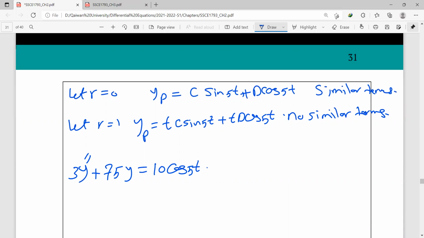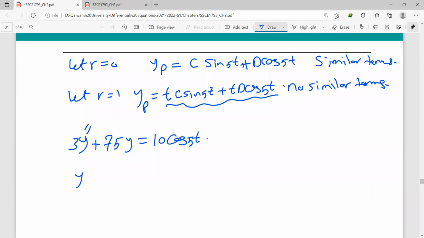What do we need to replace here? We need y and y double prime. y is this. And y double prime of p, I'm going to find it. We should first find y prime, then y double prime, okay?